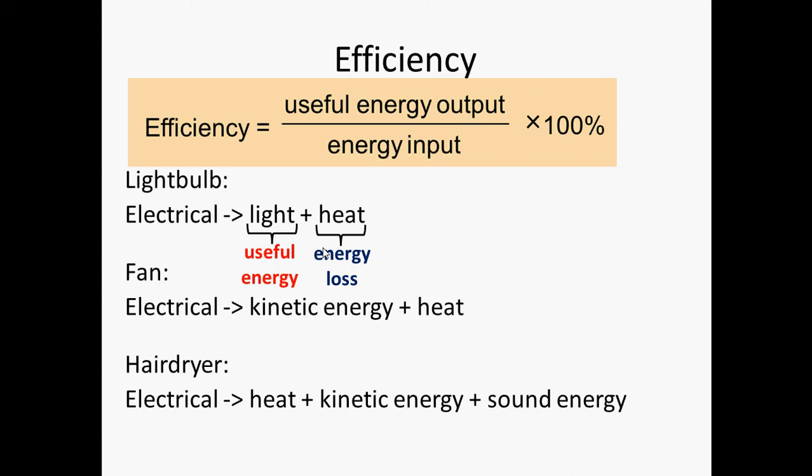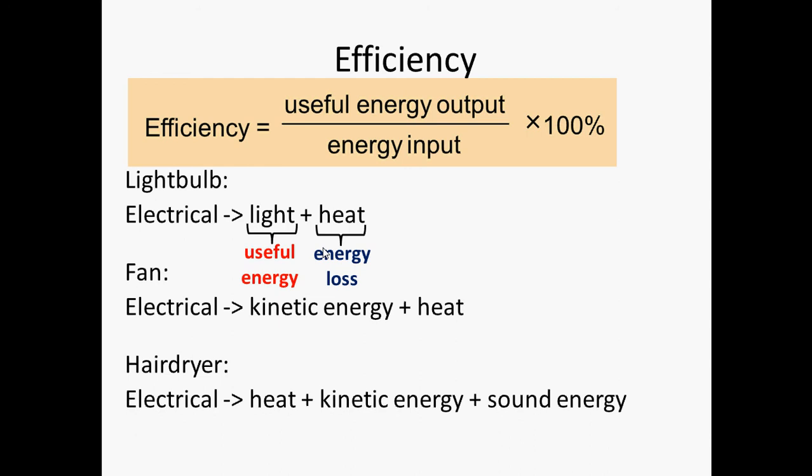For example, if you have a filament light versus a LED light, you realize that LED light is very cold while filament light is very hot. So that means that the energy loss by the LED light is significantly lower than that of the filament light. Alright, so in terms of efficiency, of course, the LED light is much better. Alright, so let's move on.